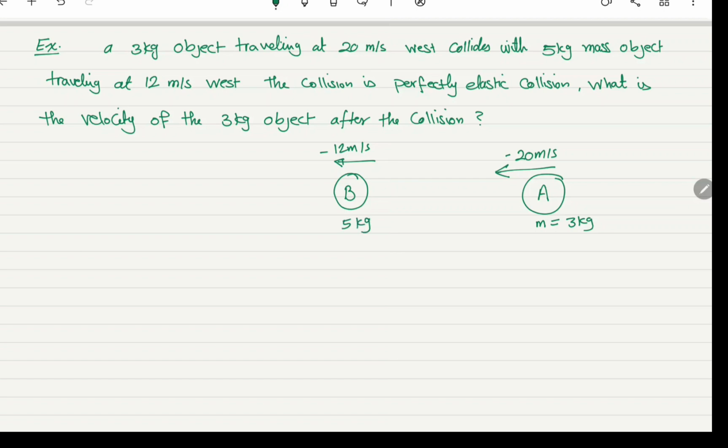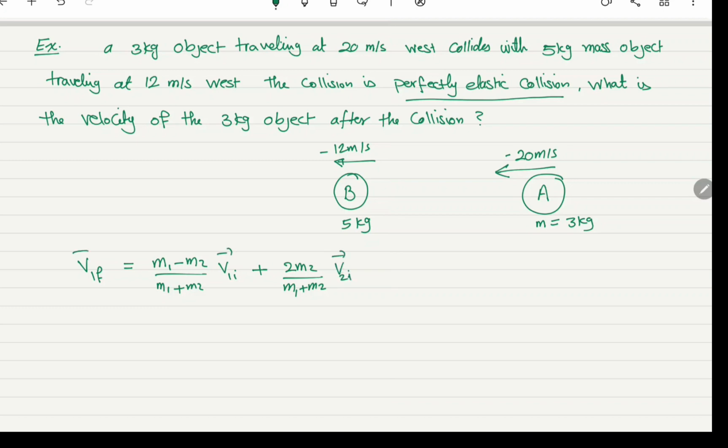Now, since the collision is perfectly elastic, the final velocity for the first object equals (m1 minus m2) divided by (m1 plus m2) times v1 initial, plus 2m2 divided by (m1 plus m2) times v2 initial.